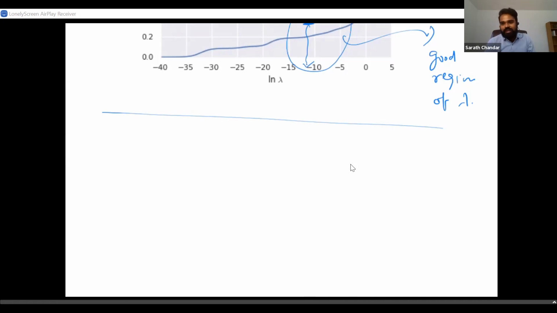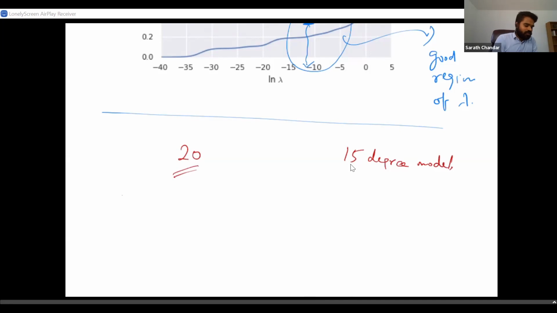What if the ideal degree is 20, but I start with a 15-degree polynomial model and do regularization? Then it is of no use, because regularization can only recover polynomials of degree less than 15. So how can I solve this issue?